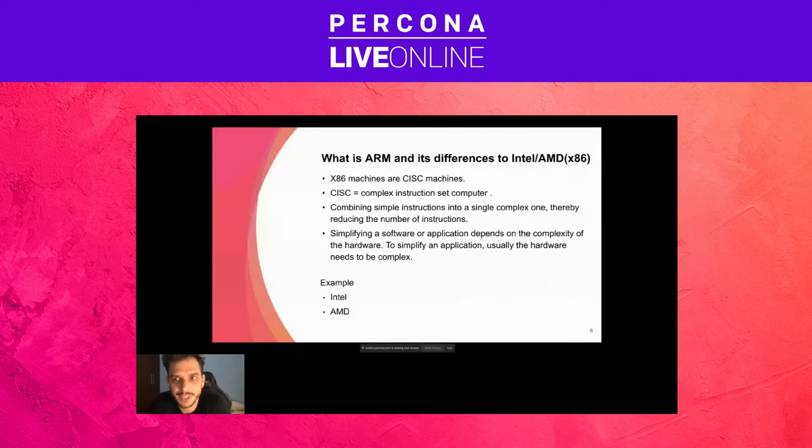So what is the difference when we are talking about x86? x86 has complex instructions, which means that when we compare to ARM, we can take 3 ARM instructions and put everything together in a single CISC instruction. The idea is to reduce the number of instructions and make the process faster. What is the big difference between the two platforms? When you are coding for ARM, you need to optimize your code a lot, because most of the optimization needs to be done by the application.